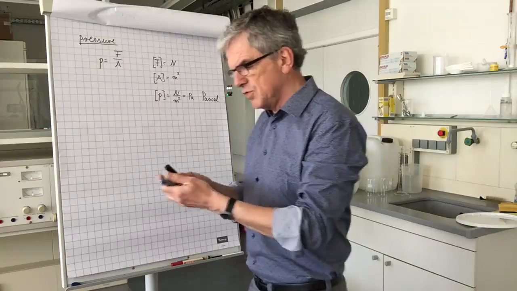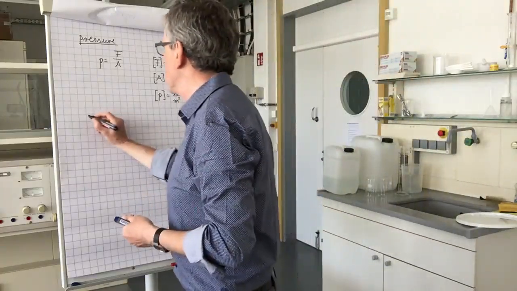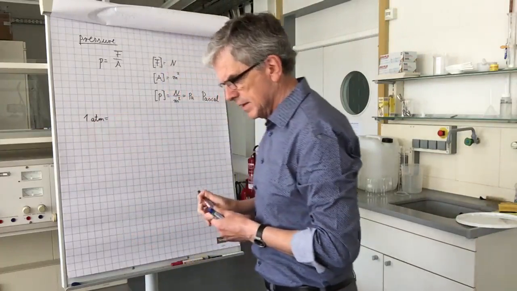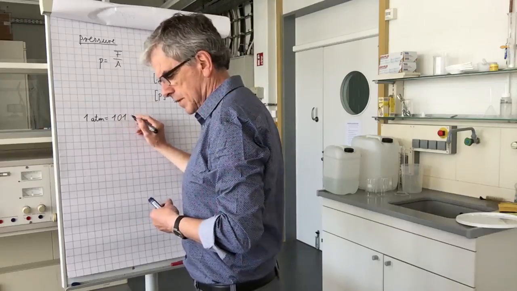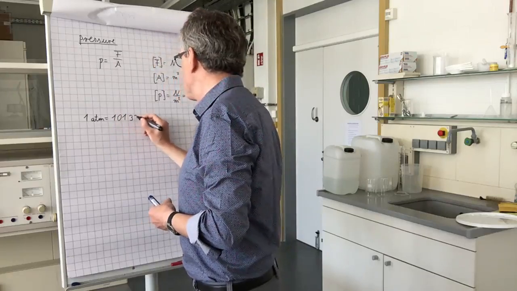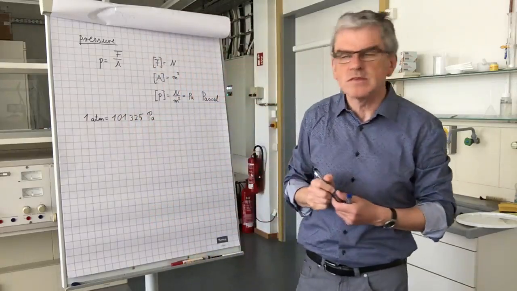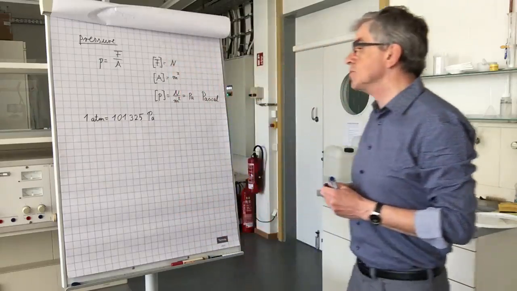Our atmosphere, so our surrounding air pressure, of one atmosphere is 101,325 Pascal. So this demonstrates nicely that this is a very small unit.